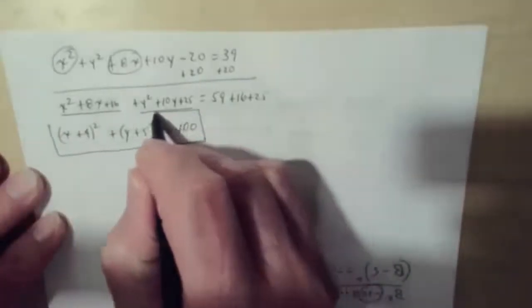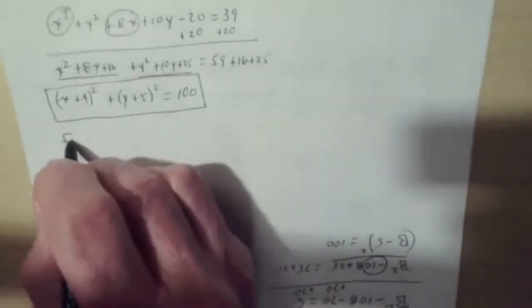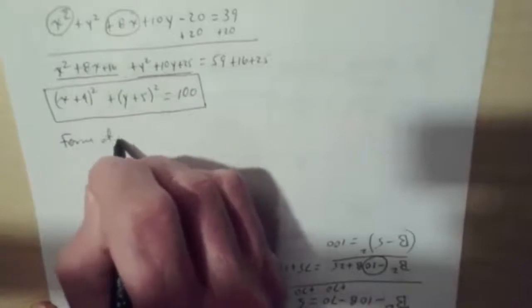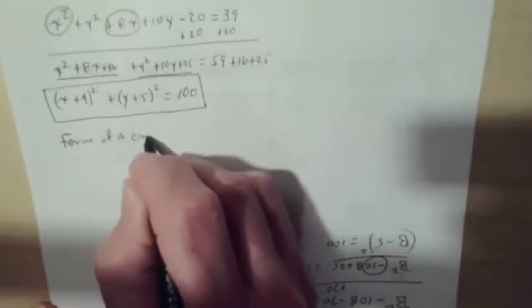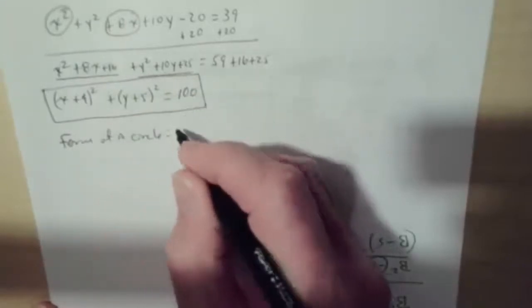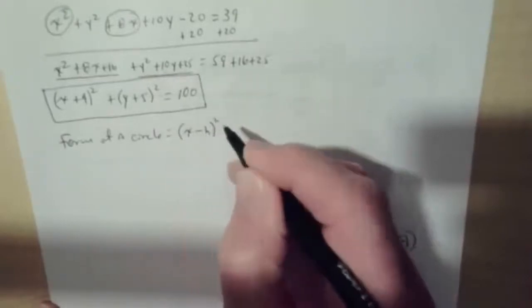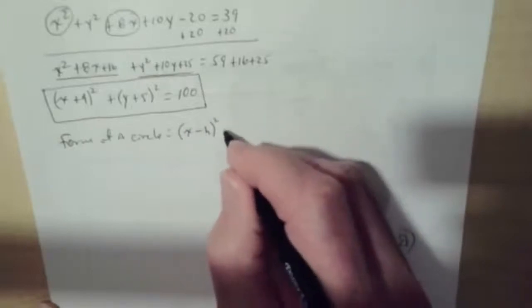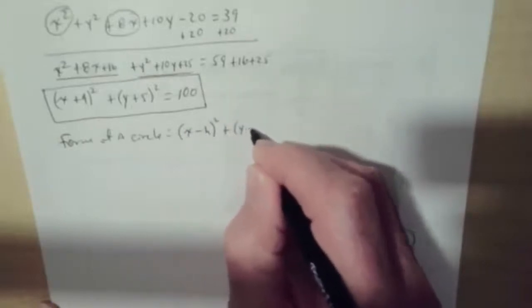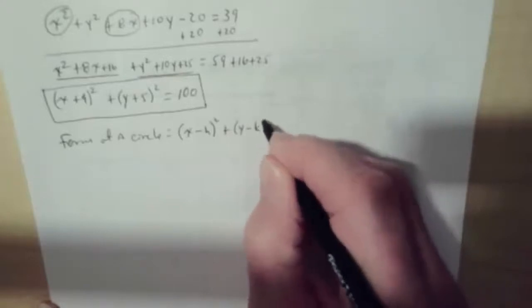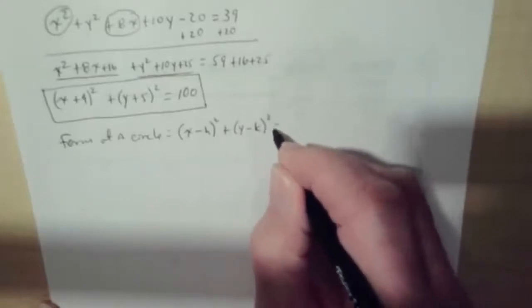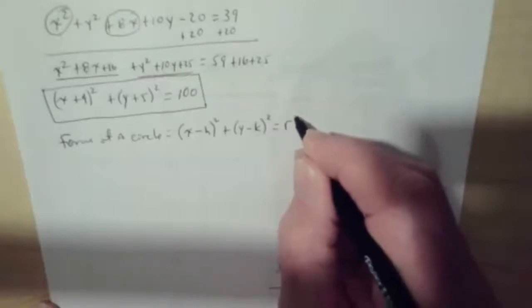Okay, now, this is the form we want, because the form of a circle is x minus h all squared plus y minus k all squared equals the radius squared.